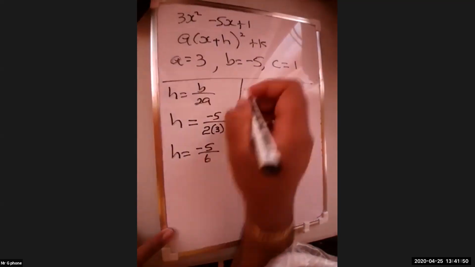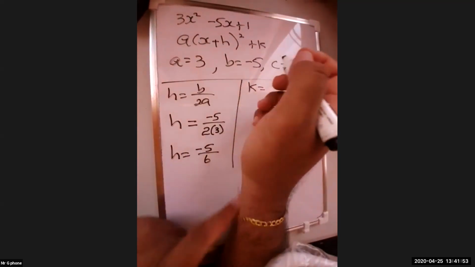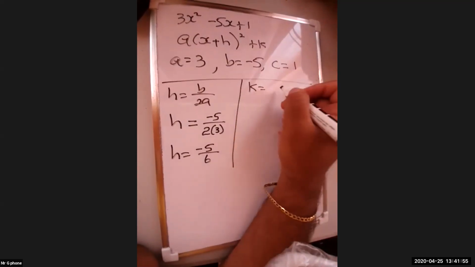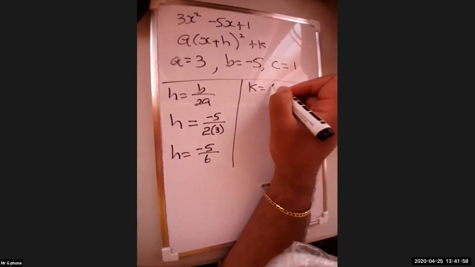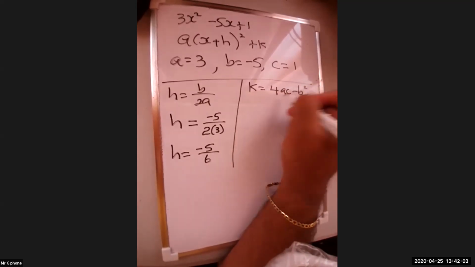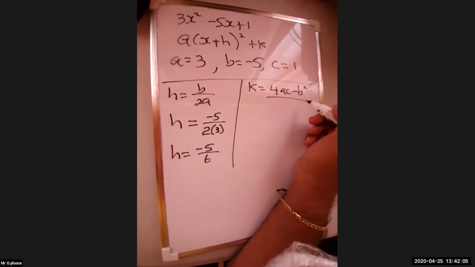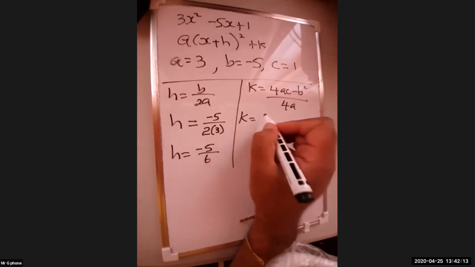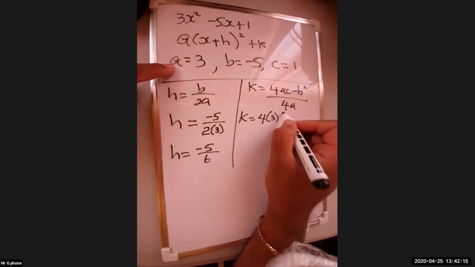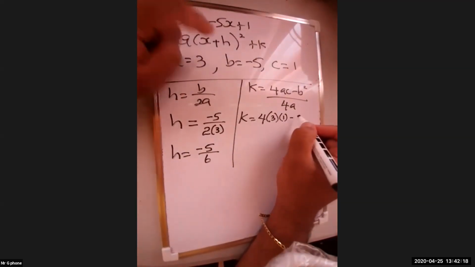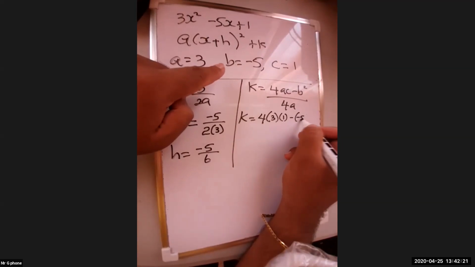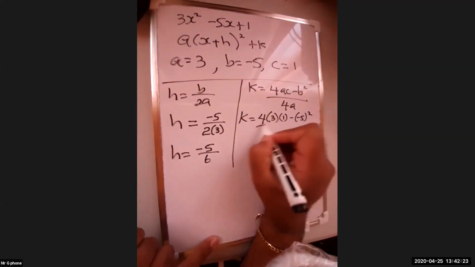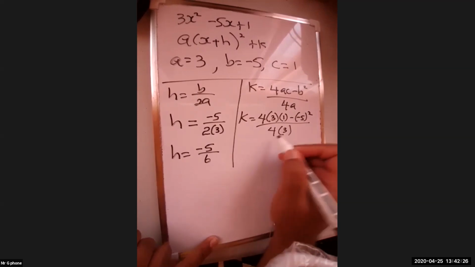And let's find k now. K is equal to 4ac minus b squared all over 4a. Everybody want to help me here? You'll have it in your notes. So k is equal to 4 into a, which is 3, c, which is 1, minus b, which is -5, squared, all over 4 into a, which is 3.